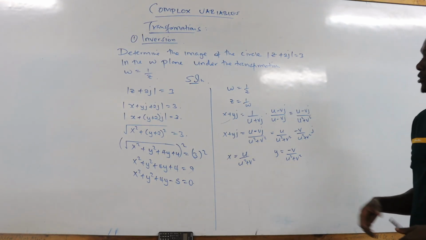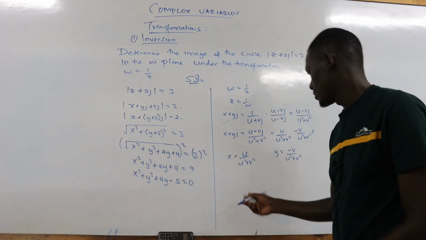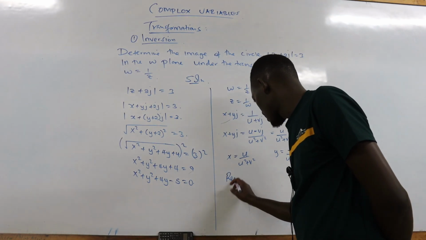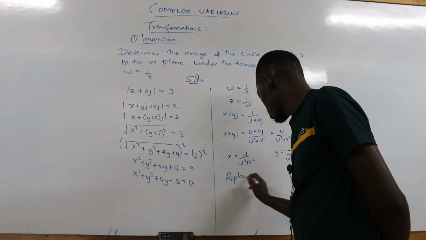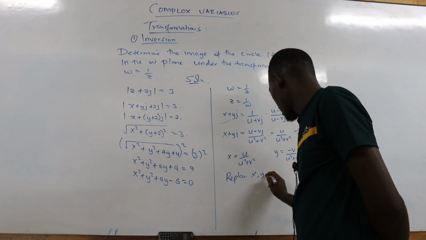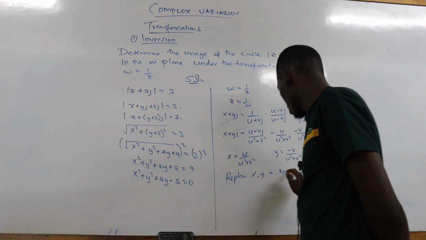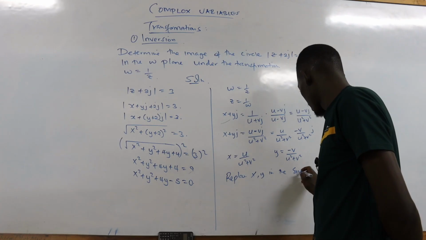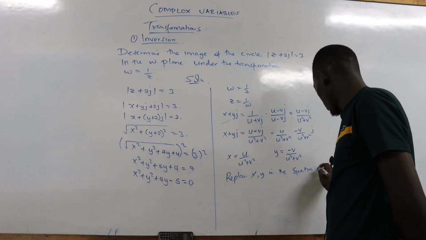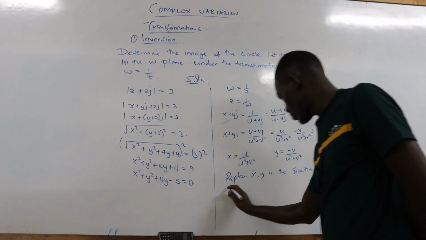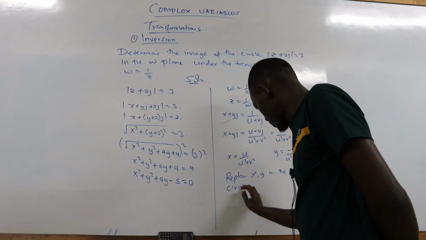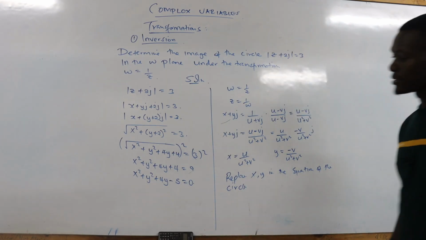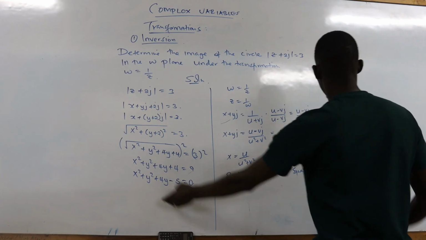Then the last step now is to replace, or substitute, x and y in the equation of the circle. Just replace it in this particular equation.